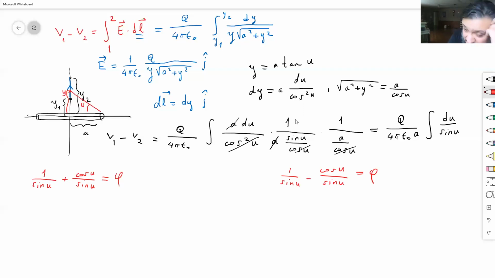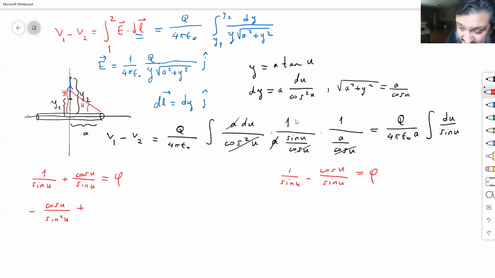So 1 over sine u, take the derivative now. This makes a negative cosine u over sine squared u from the first term. And the second term, I'm going to now have cosine.